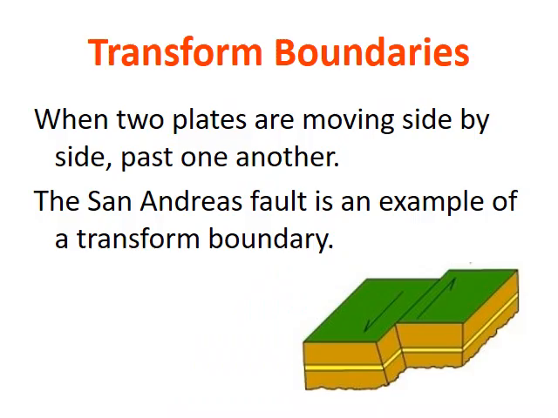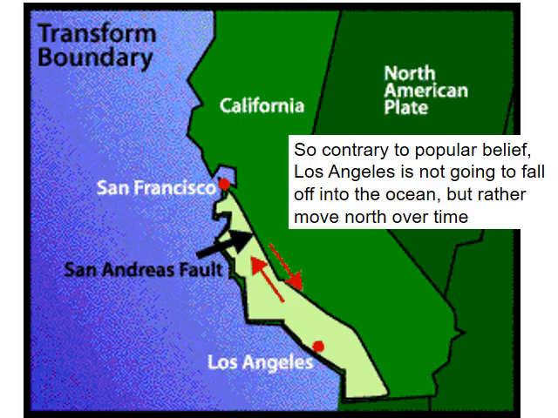Now, a transform boundary. Plates are moving side by side past one another. Our most famous fault, our most famous boundary, is the San Andreas Fault in California. This is what's happening in California: one half of California is moving north and the other half of California is moving south. Contrary to popular belief, California is not going to fall off into the ocean because this is a transform boundary.